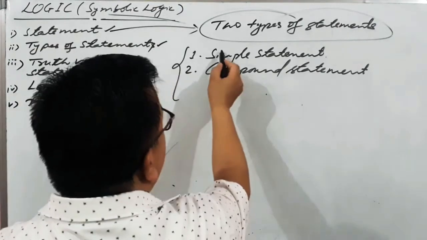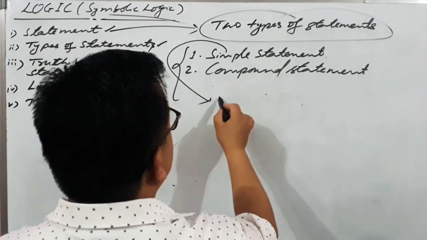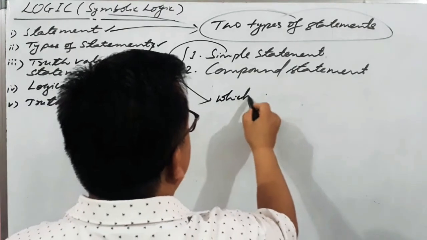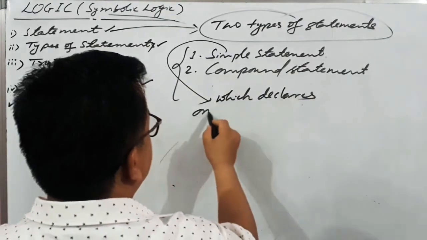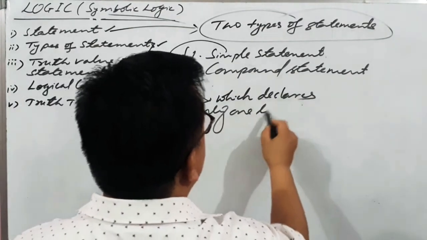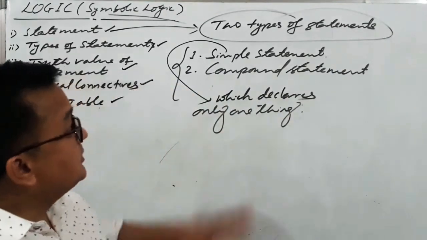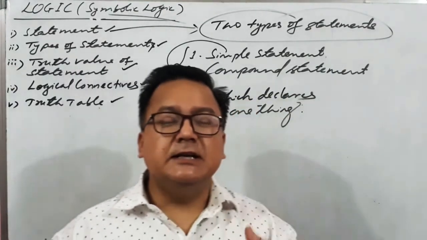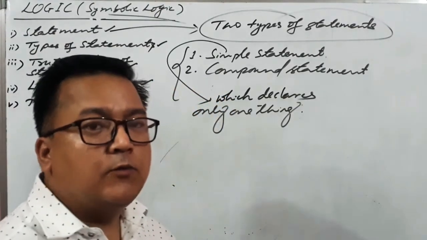So let's see what simple statements are. A simple statement declares only one thing. It's very simple. The statement which declares only one thing, which tells about only one thing.